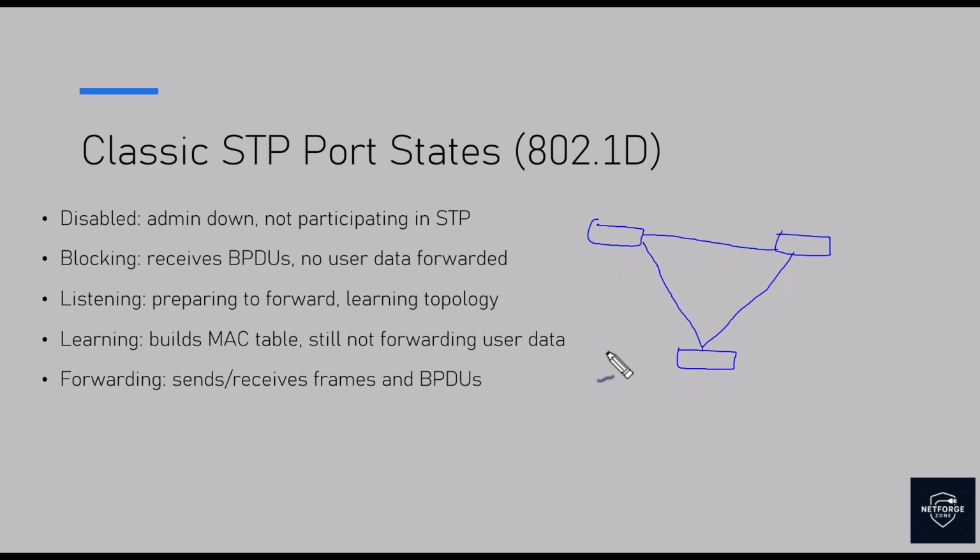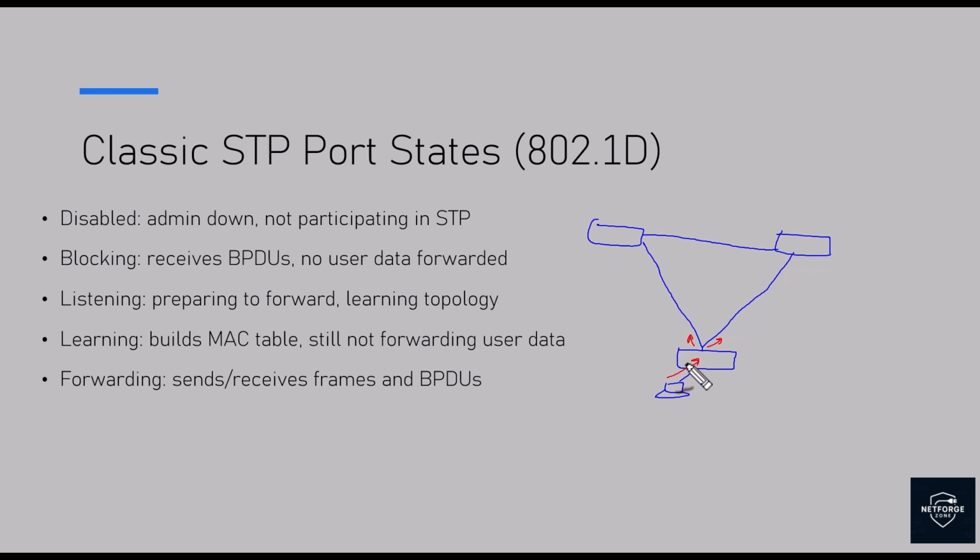So what happens when something initiates a broadcast inside the network? Say there's a PC connected here, and it sends an ARP message. The ARP message goes to the switch, and because the switch does not know where the destination is, it floods it out of all its ports except the sender port.